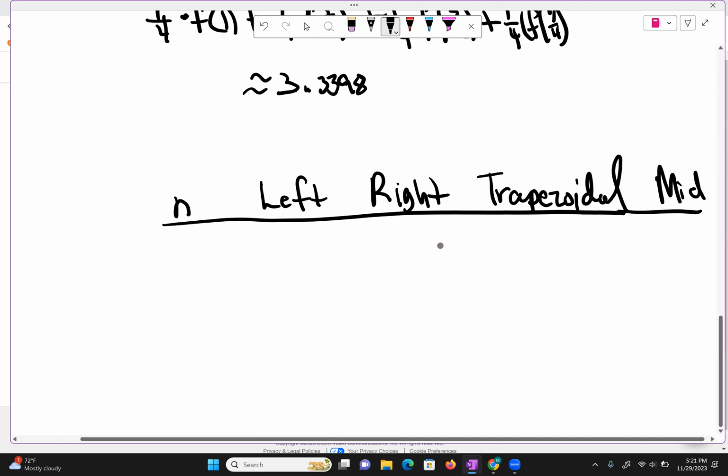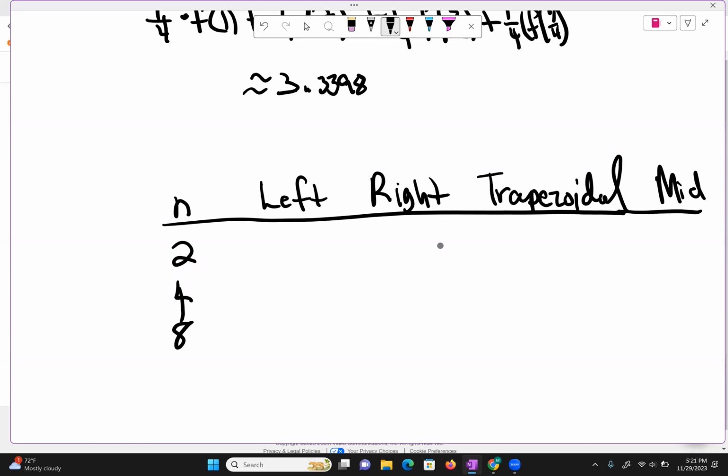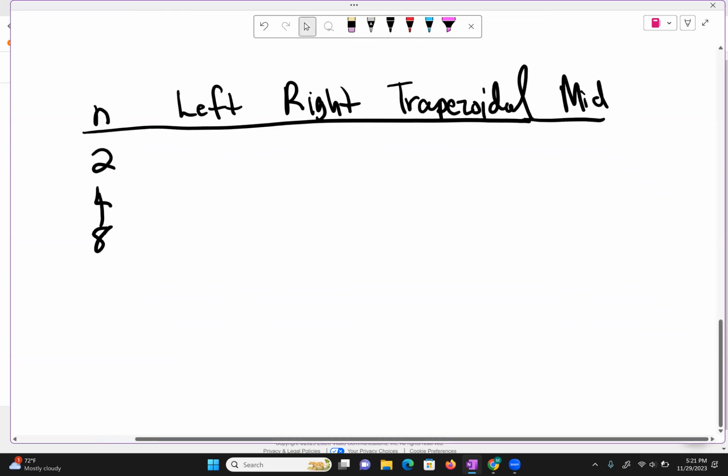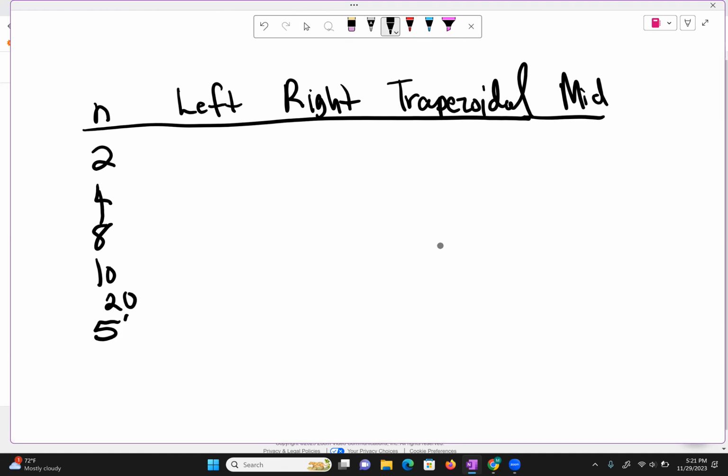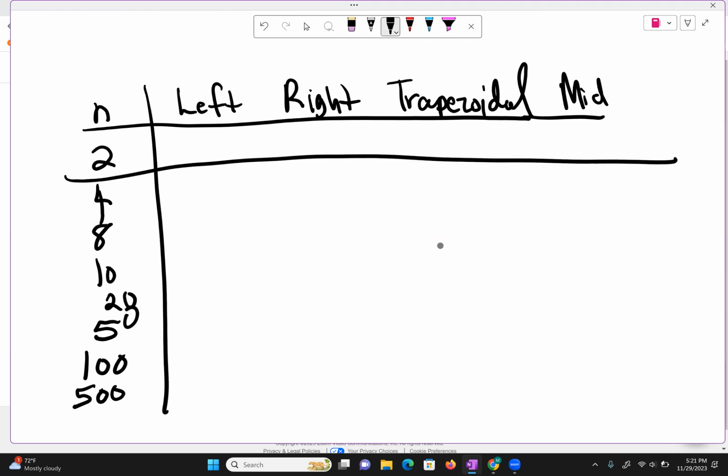And so this value would start with 2, 4, 8. That's the one. 2, 4, 8, let's do 10, let's do 20, let's do 40, 50, 100, and let's do 500. We're then going to look at this from the left side.